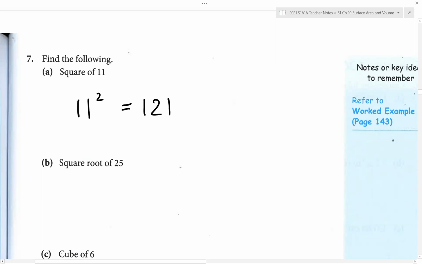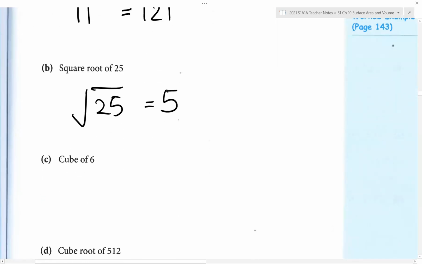I said this so many times already. Square root of what? 25. And what is the answer? You come to maths lesson without calculator. Jin Xian, what is the value? Yes.